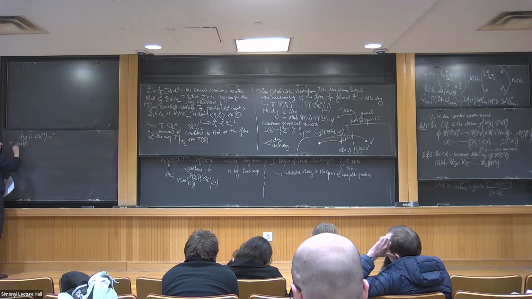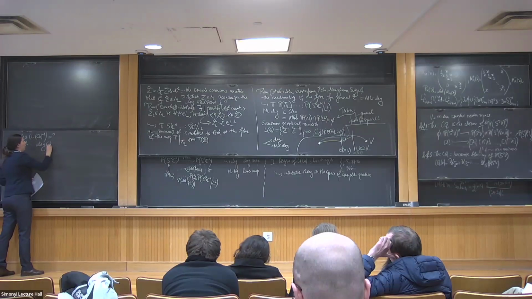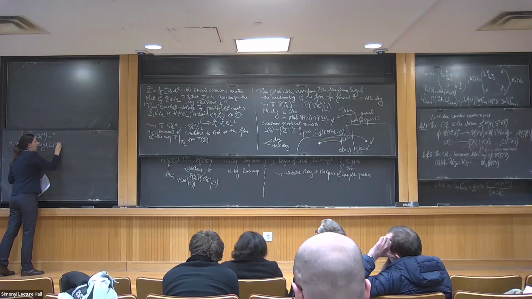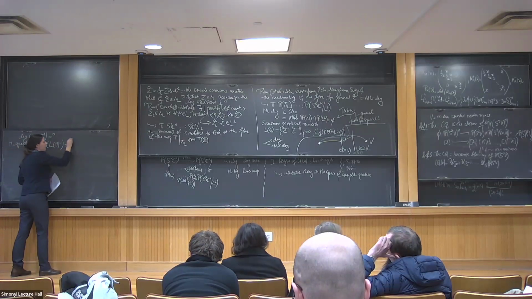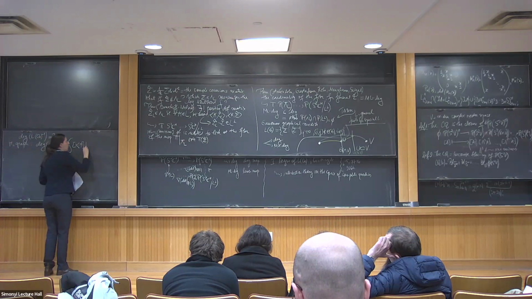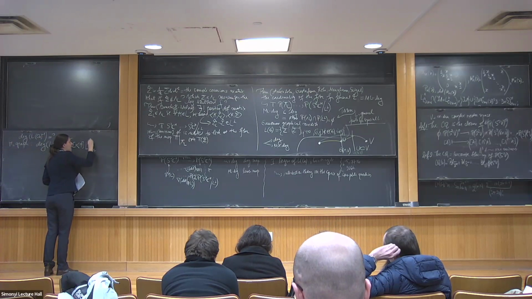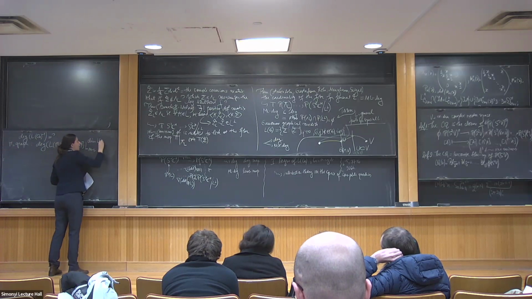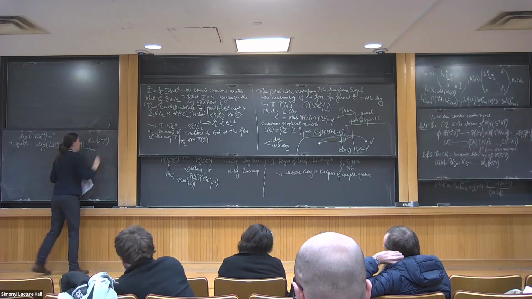So if you have gamma an arbitrary graph, then the degree of L_gamma inverse is the intersection between the strict transform of L_gamma with the divisor L_{n-1} to the dimension of L_gamma inverse.